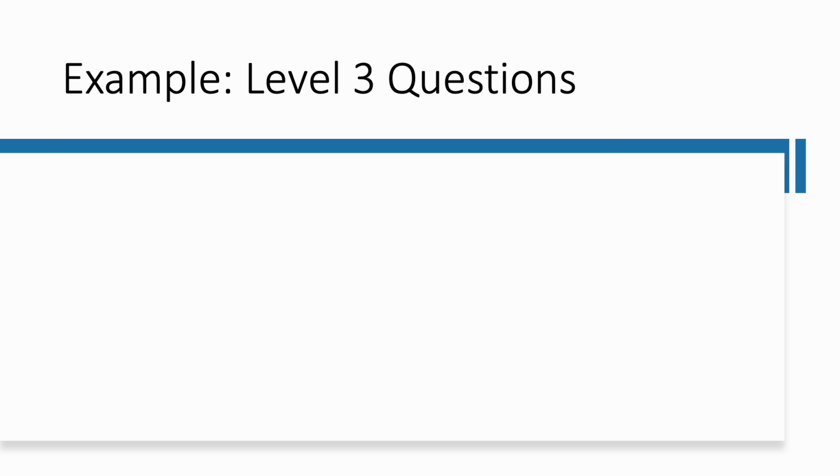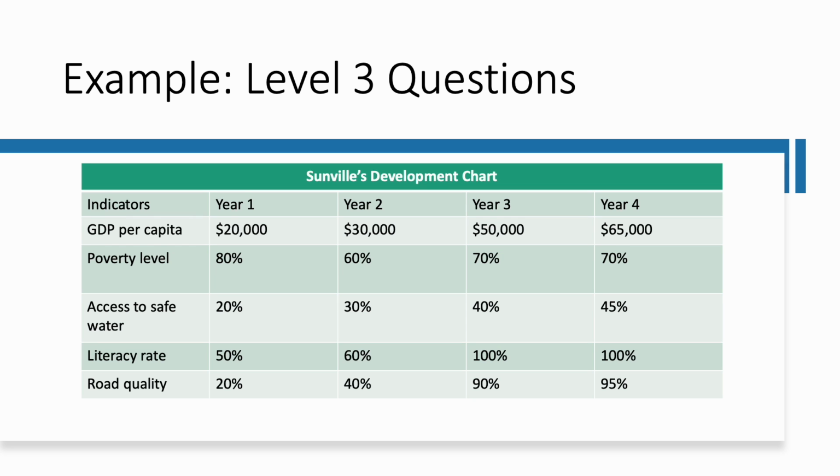Now, let's use the information in this table to analyze the state of Sunnyvale economic development and highlight the areas that should be of serious concern to the government. Remember, you can get a table with data from which to conduct some analysis.